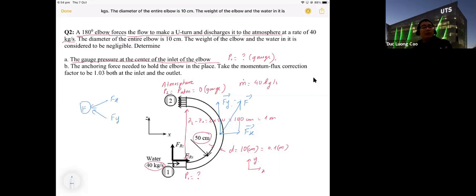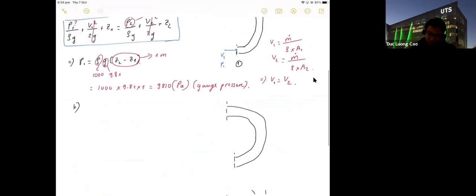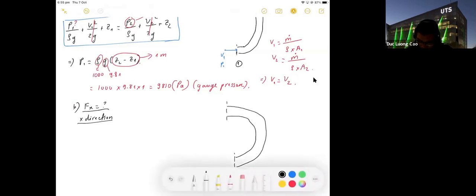So to find Fx and Fy, similar to question 1, you have to apply the momentum equation in x and y direction. Okay, so firstly, Fx, or in x direction. I give you 5 minutes to find Fx in this case.